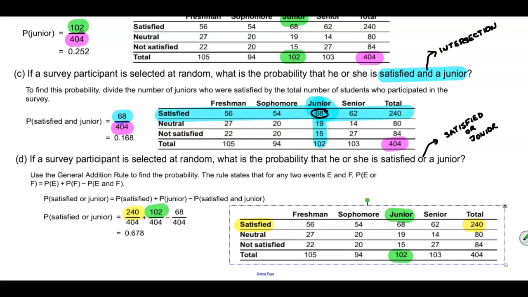And then we're going to subtract the probability that is satisfied and a junior. So we need to subtract that number because that is the intersection, which is 68. And then each one of those numbers is being divided by 404. And then when we combine them all using order of operations, we would get the result of 0.678.